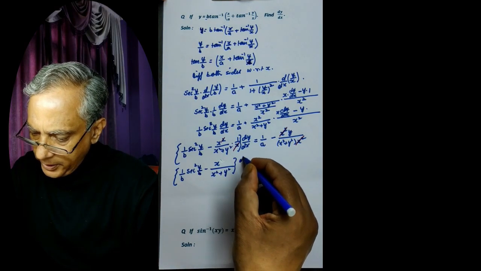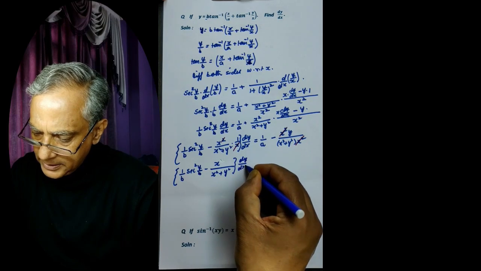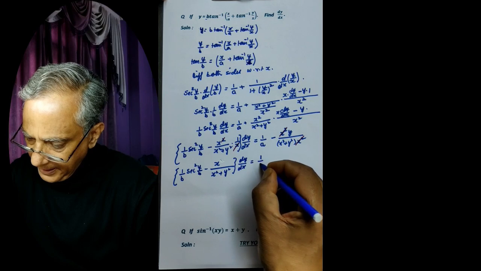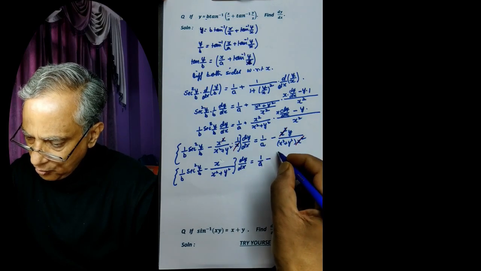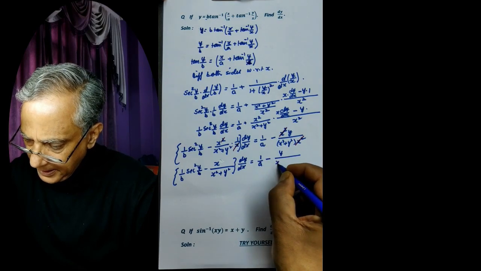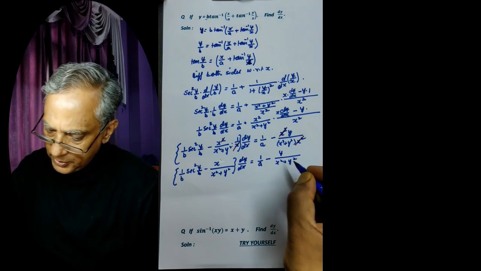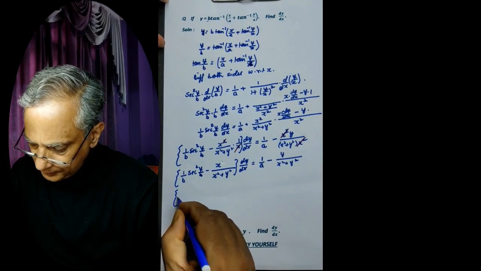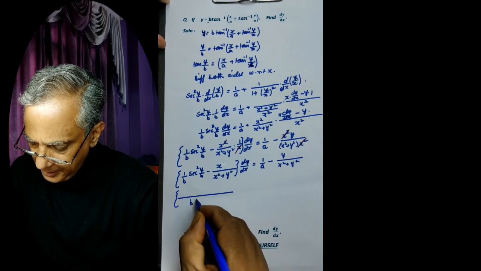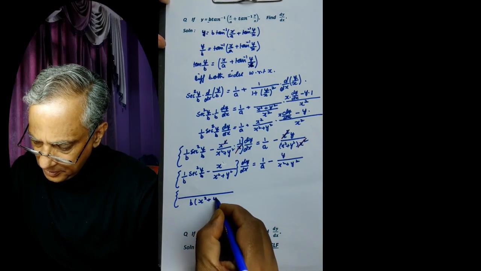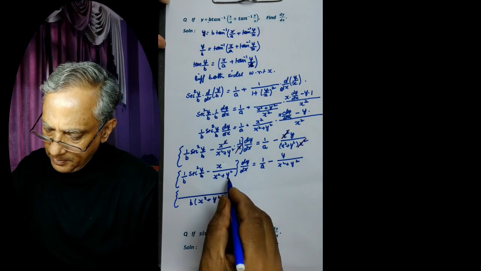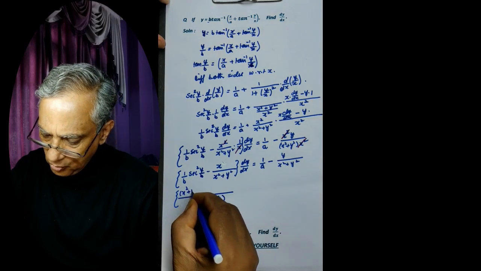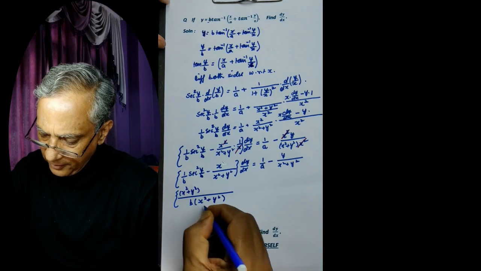This into dy by dx is equal to 1 by a minus y over x square plus y square. Take the LCM of this side. What we get is b into x square plus y square, and this will be x square plus y square. b cancels, and we are left with x square plus y square.